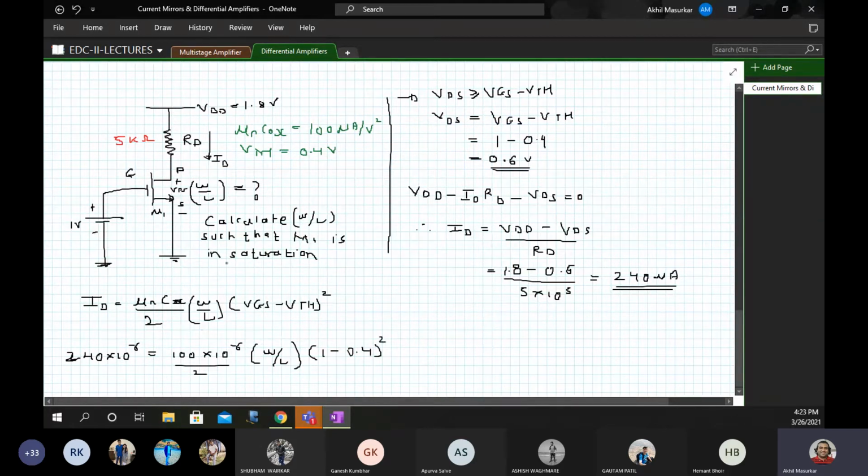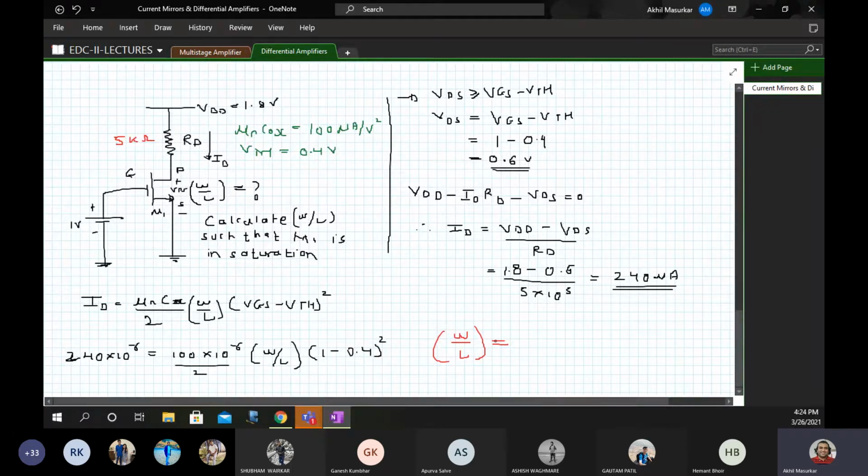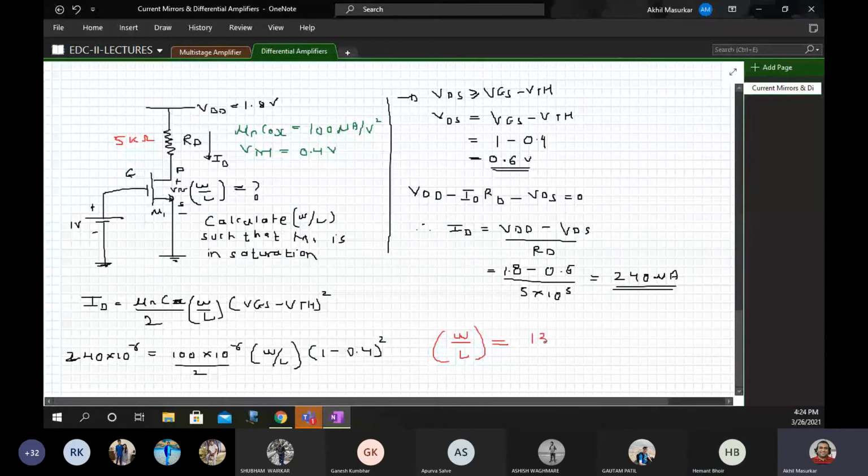W by L is the only unknown. So please tell me what is the value of W by L. Come on, quickly. 13.33, correct. So that is 13.33 upon 1.